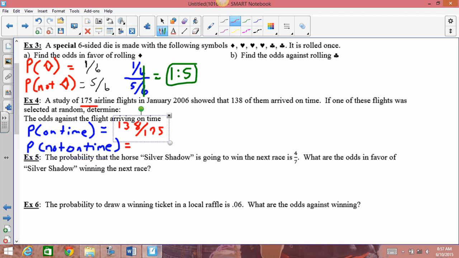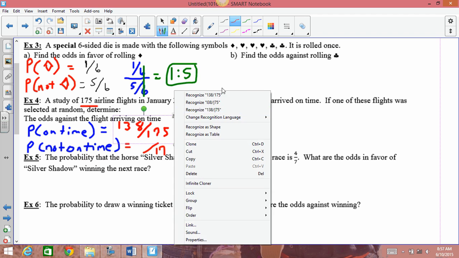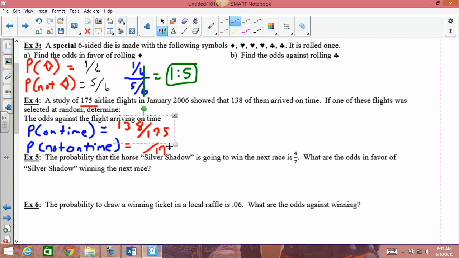Then if you're not on time, there's still 175 flights, and to figure out your top number, if there's 175 total flights and 138 of them are on time, to figure out how many are not on time, I'm going to do 175 minus 138, which would leave you with 37.